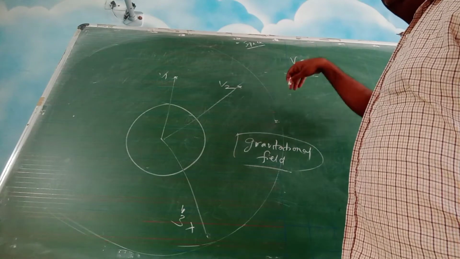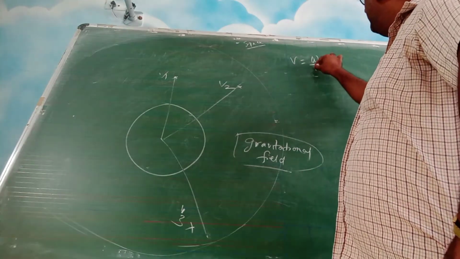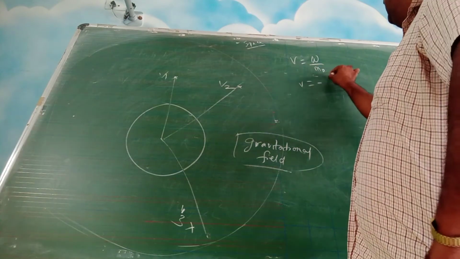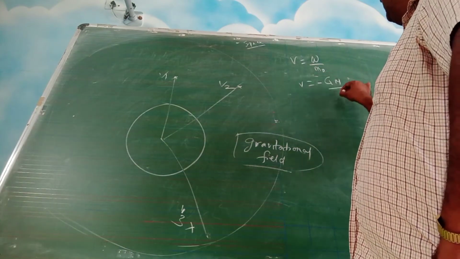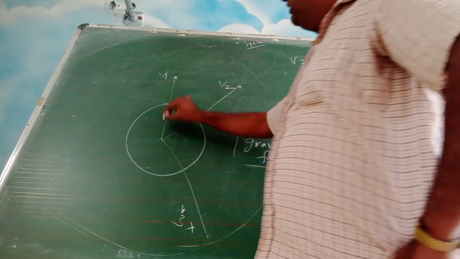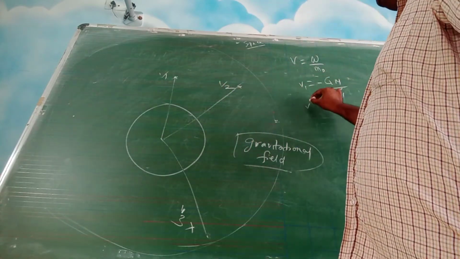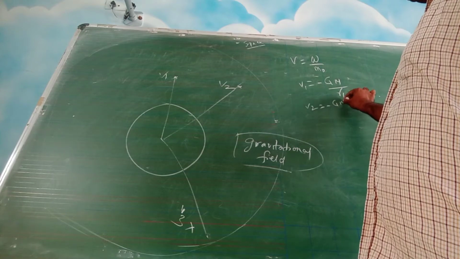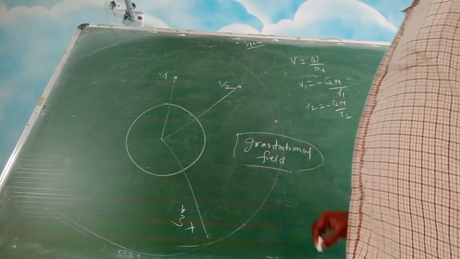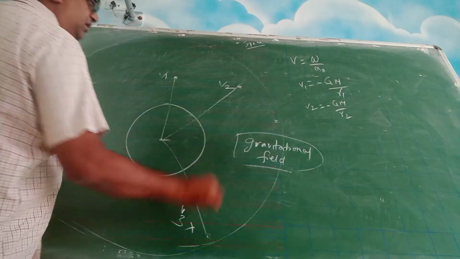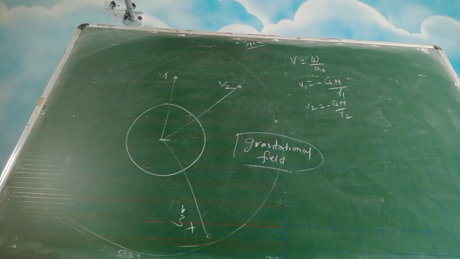Total work done by total mass, that was W by M0. This was one way, and the second was minus GM by R. If this is V1, you will write R1. If it is V2, you will write R2. Now mind you, you are calculating from the center of the Earth, not from the surface of the Earth.